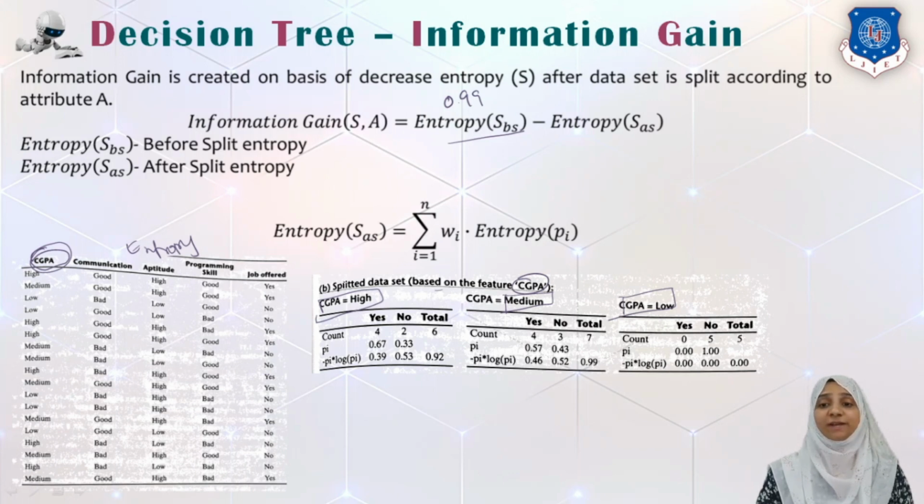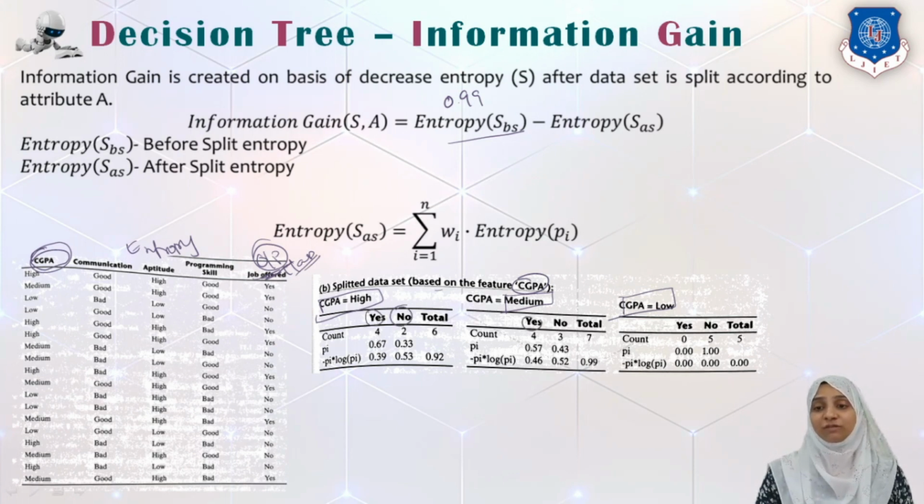In each of these partitions, there will be some yes samples and some no samples of job offered. I always consider job offered as yes or no because it is the output variable, the label of a class. So in total there are two labels, yes and no.